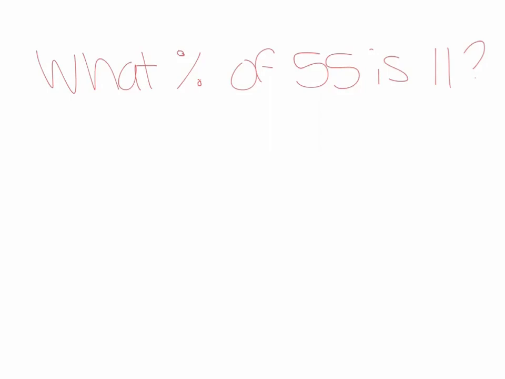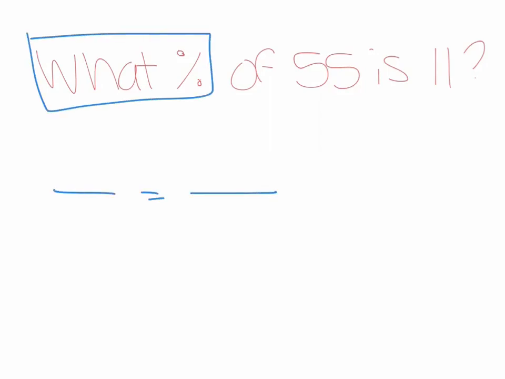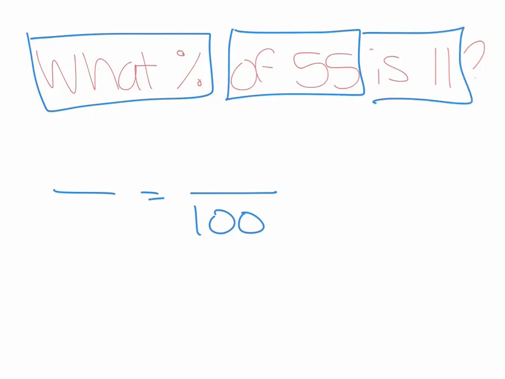So for this next one, what percent? Oh, I forgot. I'm going to set up my proportion just like I always do and make sure I fill in my 100 on the bottom. So what percent of 55 is 11? So my percent is my question mark. So I'm going to put an X because that's our missing piece. Of 55, that's going to go on the bottom, is over of, and our 11 is going to go on the top.